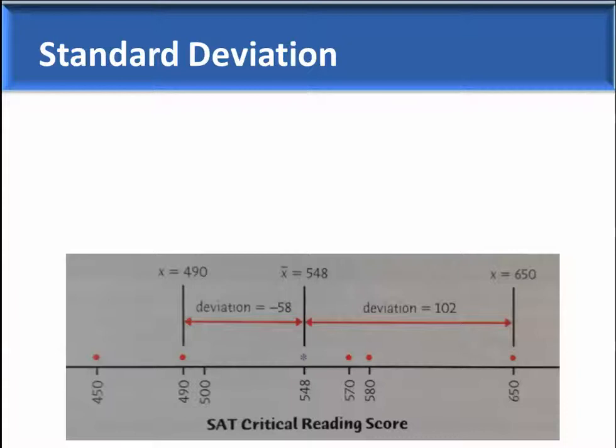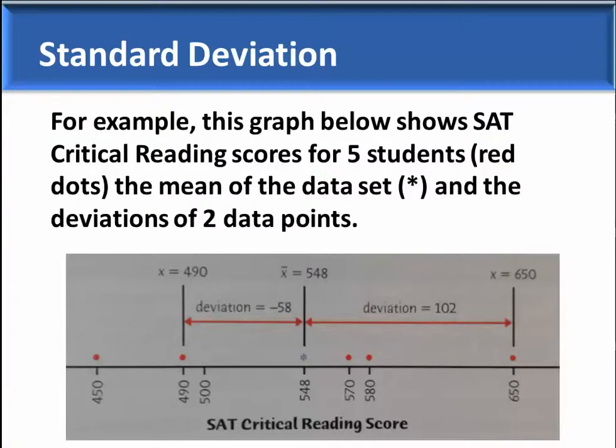So let's look at an example here. We have a graph here that shows the SAT critical reading scores for 5 students, and those data values are represented by the red dots on the line here. The mean of the data set is represented here by this star, and we see the deviations of 2 data points.